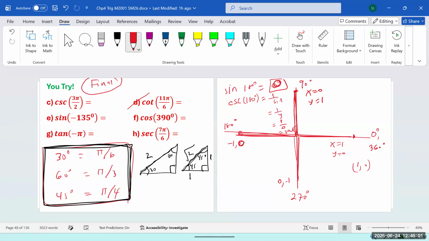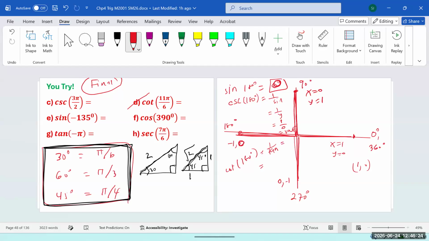How about I tell you cotangent? What is cotangent 180? Cotangent is 1 over tangent, or there is another identity. Remember, tangent is sine over cosine.